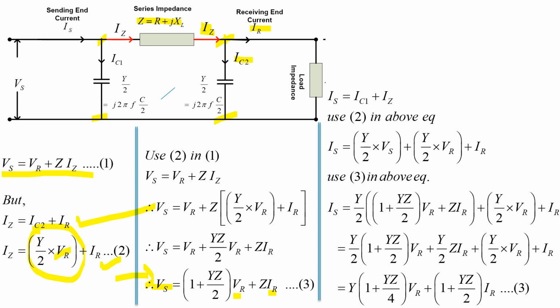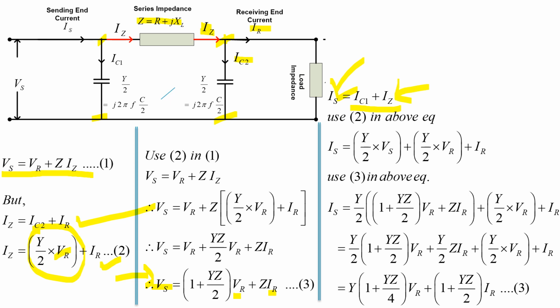My other objective is to represent the sending end current in terms of receiving end current and receiving end voltage. But this relation will not give me values in terms of the receiving end voltage or receiving end current, so I need to modify these equations.